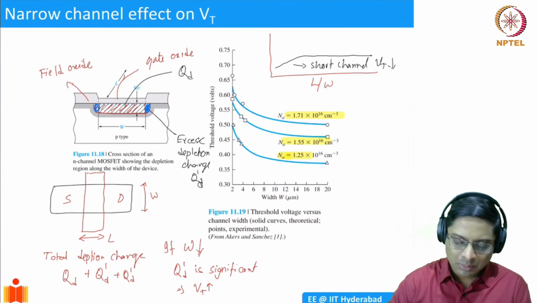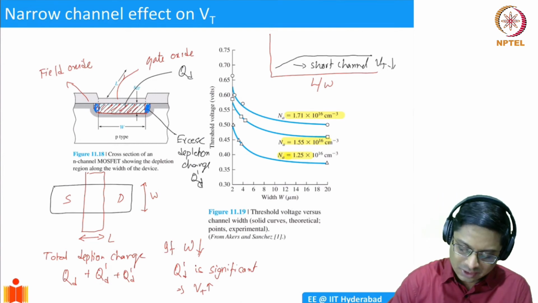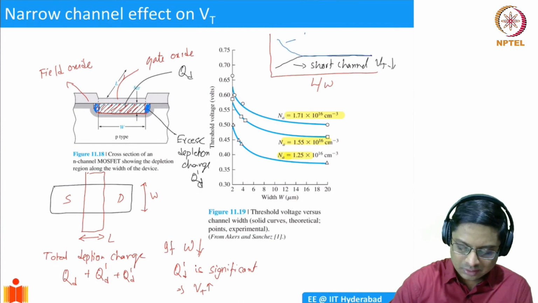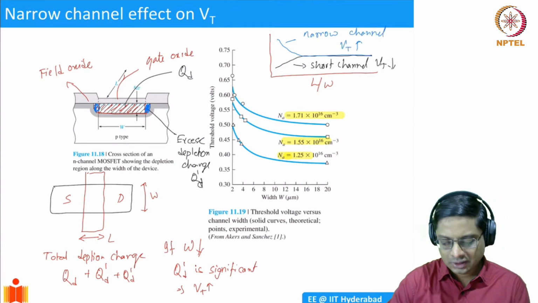But if you have a narrow channel, initially the width was large, VT is not changing much. But then if you come to narrow channel, VT increases. All right, so these are the two prominent effects that happen.